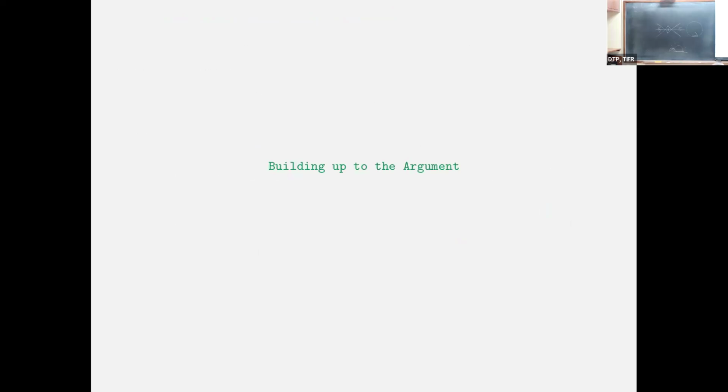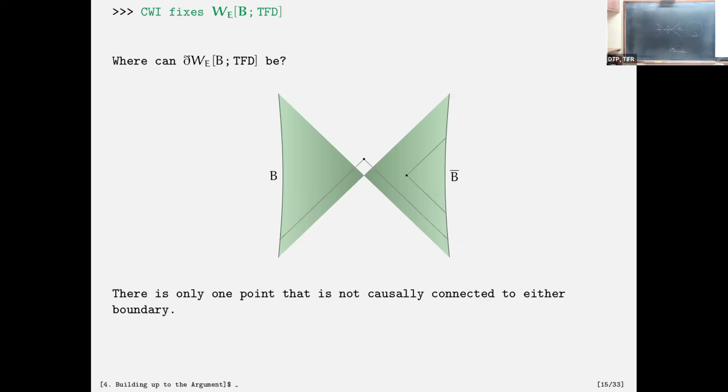If you didn't understand what the CC flow was, don't worry. I will give you pictures. So let's consider just the thermofield double, with bulk matter in the Hartle-Hawking state. And the point is, and this is the Cassini-Verta-Myers argument, that the entanglement wedge of B in the thermofield double is fixed entirely by the causal wedge.